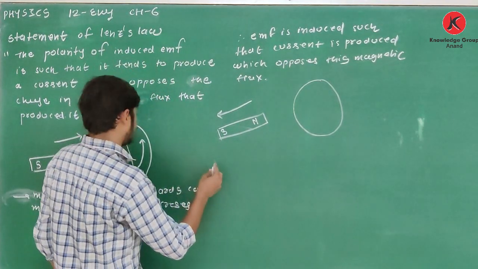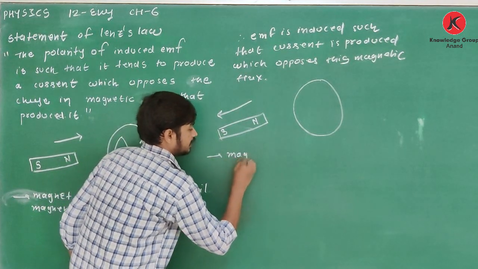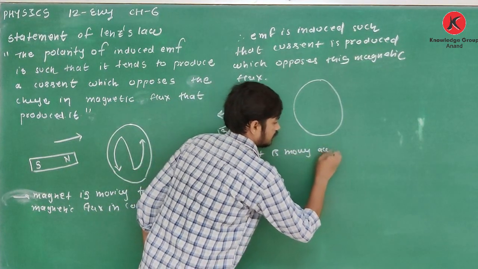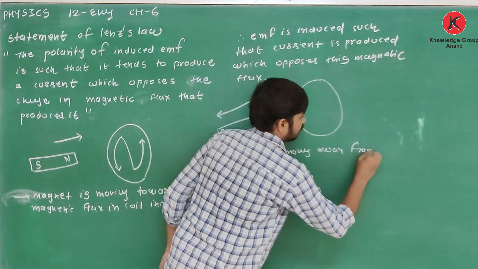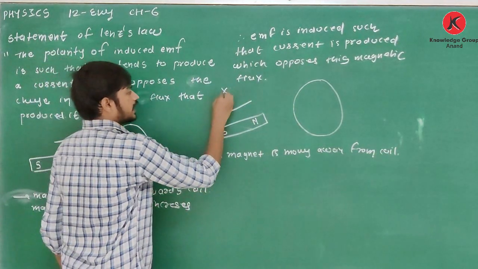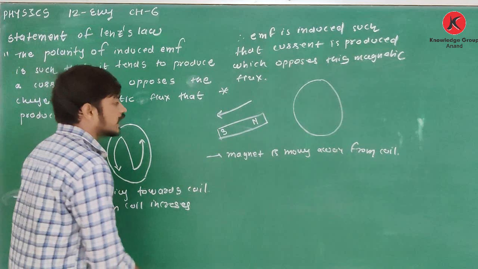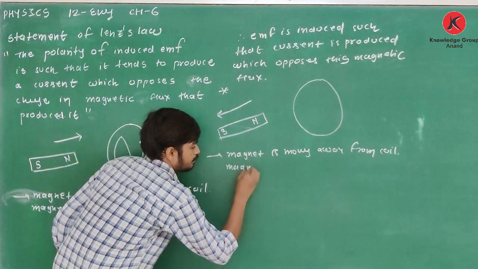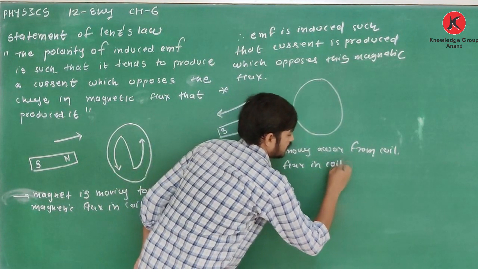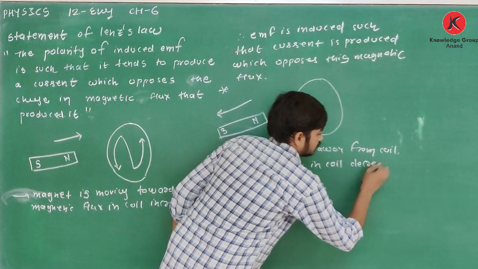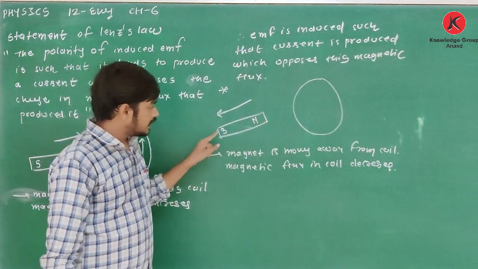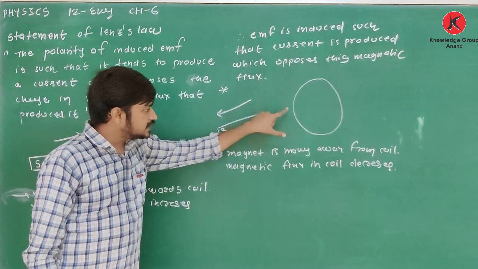If the magnet is moving away from the coil, it means magnetic flux in the coil decreases.